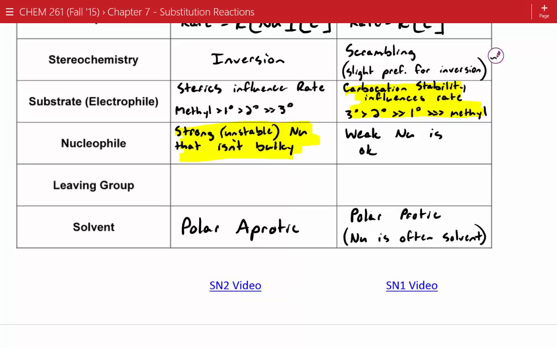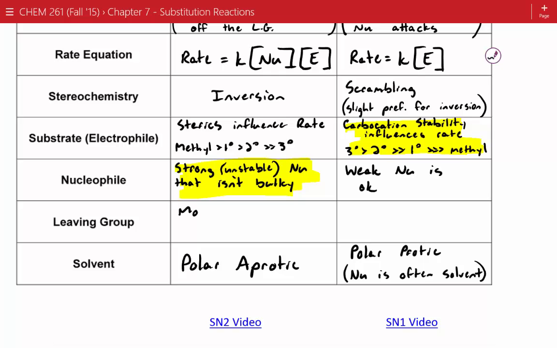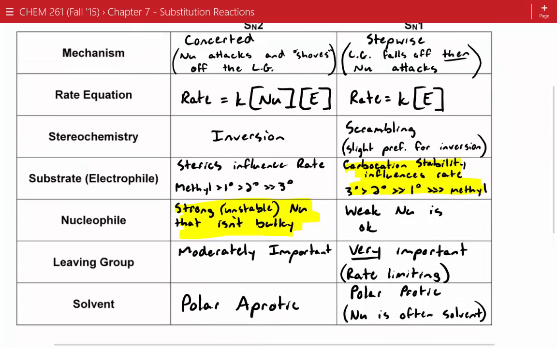All right, so leaving group for SN2 reactions, we said it's moderately important. And over here, it is very important. And I'll write rate limiting. And so now we've got our full chart filled out, but we do have to tackle one other tricky aspect.